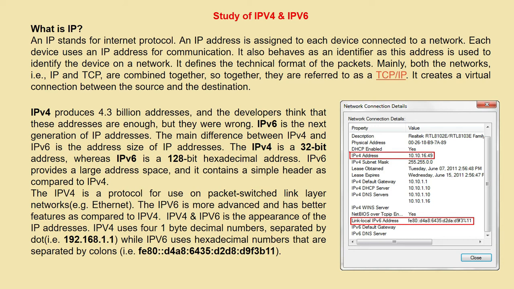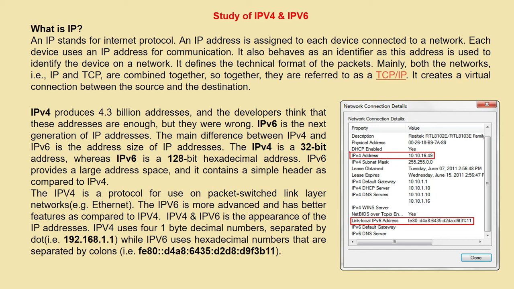The main difference between v4 and v6 is the address size of IP addresses. IPv4 is a 32-bit address, whereas v6 is a 128-bit hexadecimal address. IPv6 provides a large address space and contains a simpler header as compared to v4.